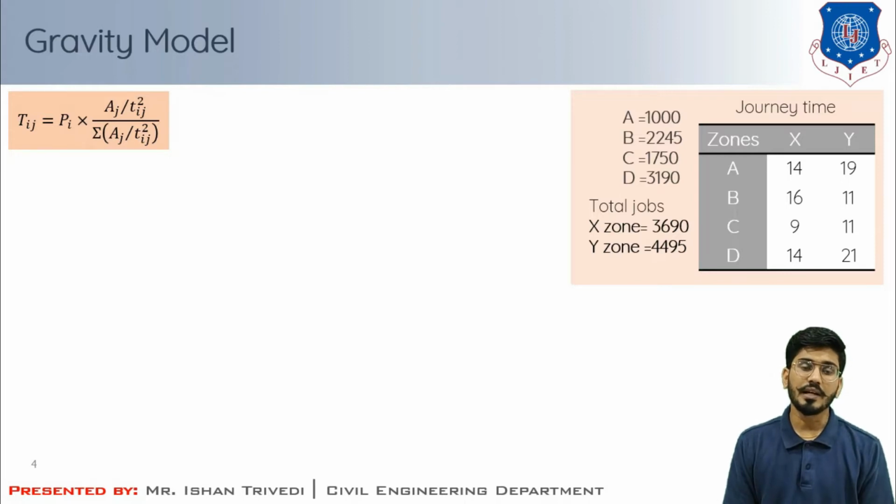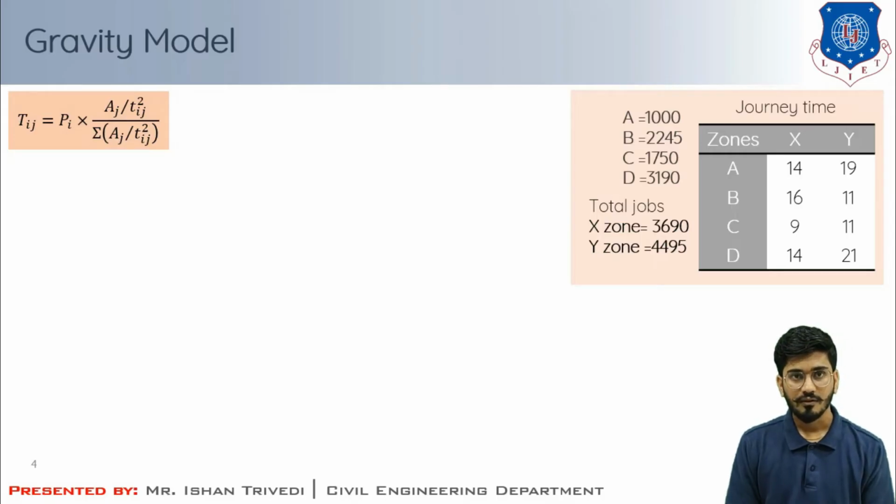Now here, capital Tij, if I'm talking about TAX, where A denotes the I value and X denotes our J value, means A stands for origin and X stands for destination.